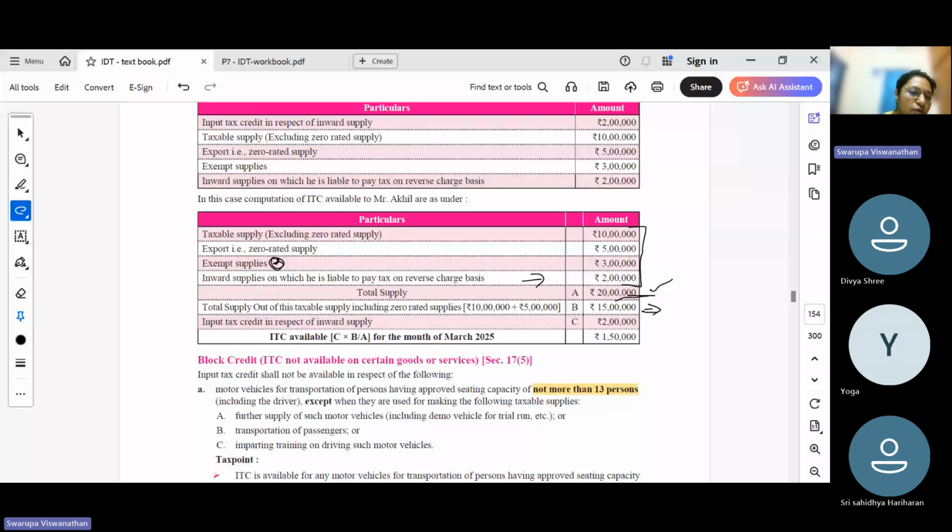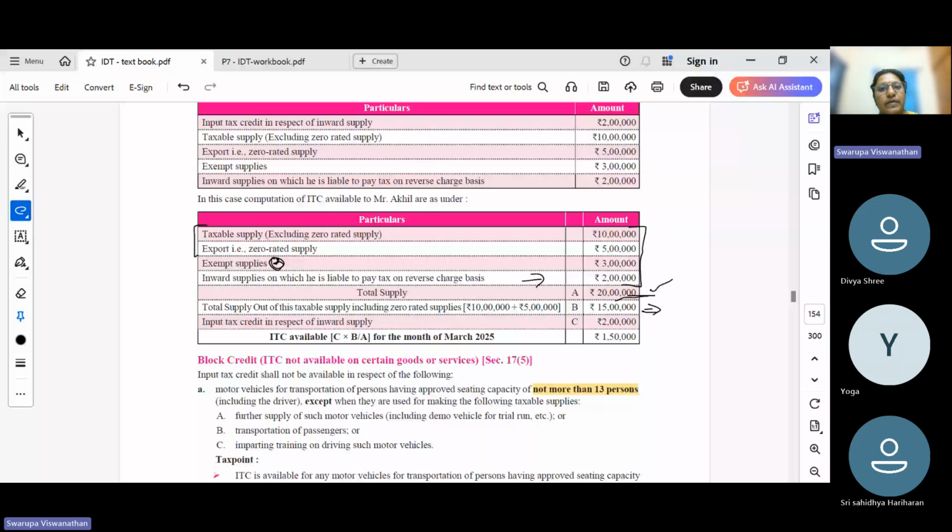Credit can be taken for the other two, that is 15 lakhs taxable and zero rated supplies. What are zero rated supplies? Export and SEZ supplies. Even though tax is not payable on the outward zero rated supply, you can take credit on the inward supply.